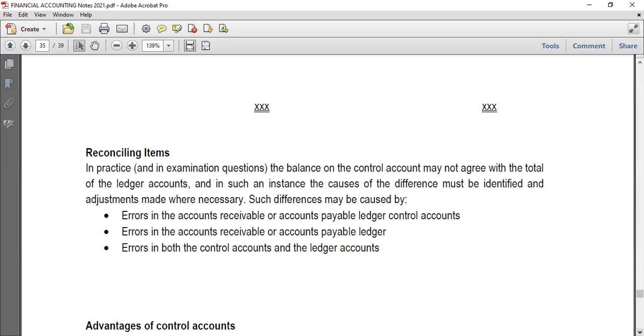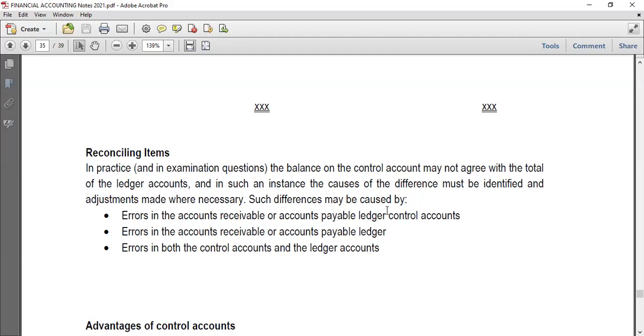In such instances, the cause of the difference must be identified and adjustments made where necessary. Such differences may be caused by, one, errors in the accounts receivable or accounts payable control account, or errors in the accounts receivable or accounts payable ledger. Like we've said, these two accounts should match.